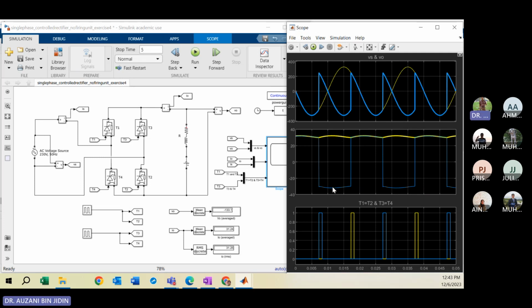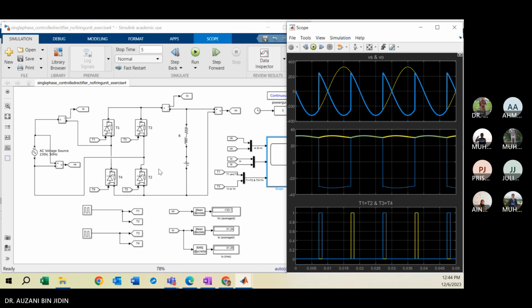Your source current is almost a square wave shape because of the inductor. The yellow is the output current, always positive. The third graph is the current path for T1, T2 in yellow, and T3 and T4 in blue.